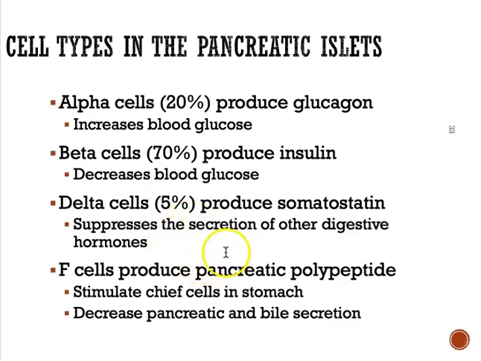And then there's something called a pancreatic polypeptide that stimulates chief cells in the stomach, and it decreases pancreatic and bile secretion. So these two, even though their hormones play a role in the digestive system, really they're regulating blood sugar levels, either decreasing blood sugar levels in the case of insulin or increasing them in the case of glucagon.